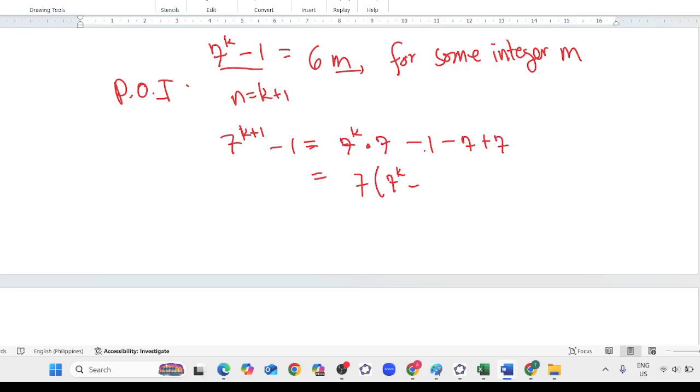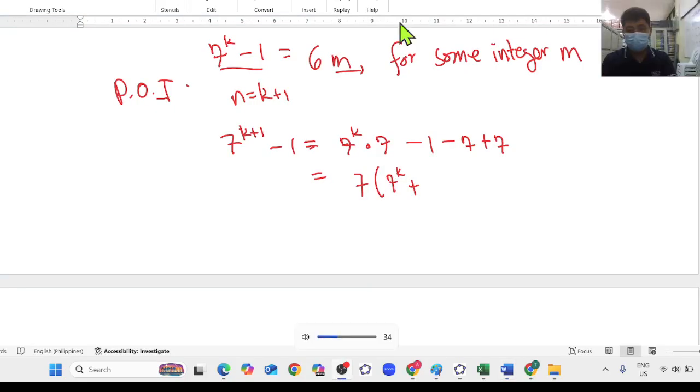So ang mangyayari doon, negative 1, 7, I can write dito sa 7. Okay, so we will rewrite this one, 7^k, mamaya ko na lang palabasin to sa 7. Ito ang nangyayari dyan.